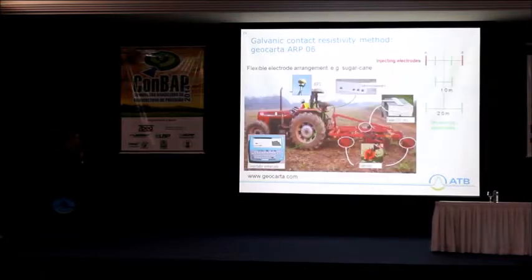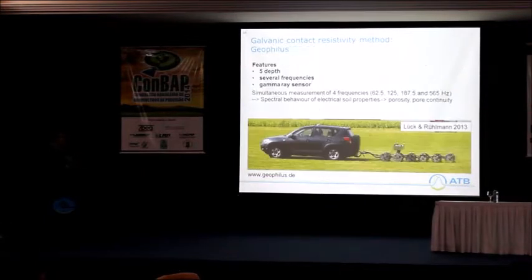They have a couple of sensors, so this is an example, the RRP06, which is especially designed for sugarcane, having this spatial arrangement of the electrodes. Again, you get readings from several depths. This is a new sensor from Germany.